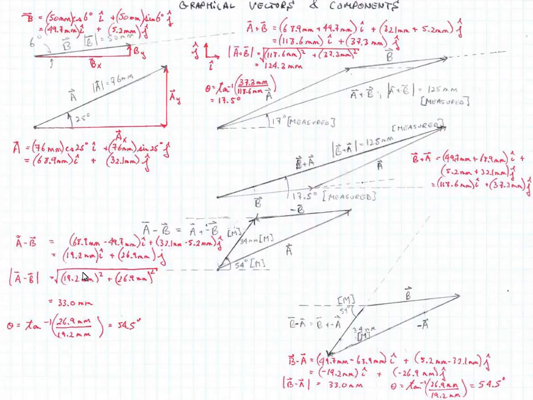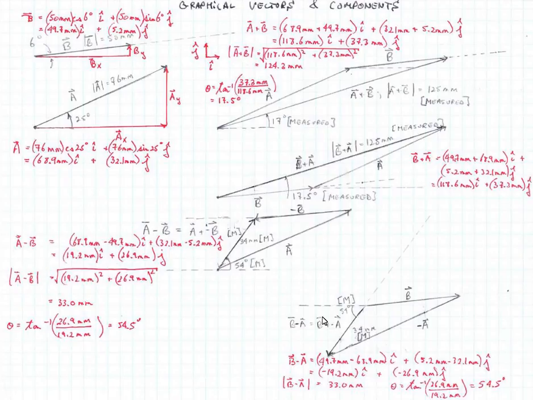And the length of a minus b is 33.0 millimeters. I measured 34 millimeters here with a ruler, and the angle is the inverse tangent of the y component over the x component, which is 54.5, and I'm measuring 54 degrees.